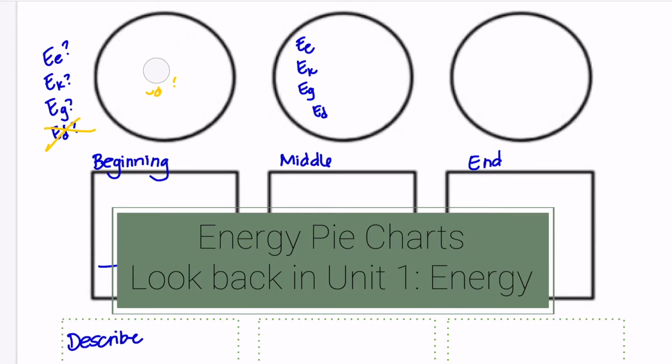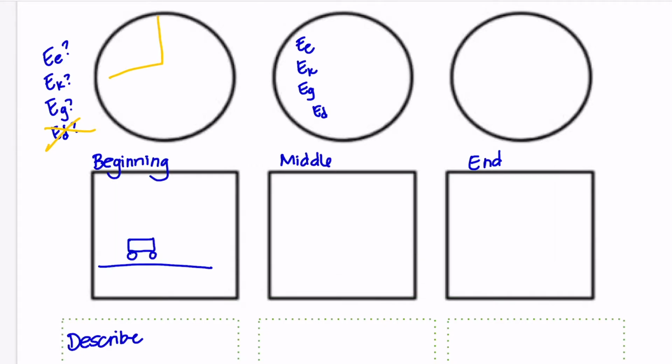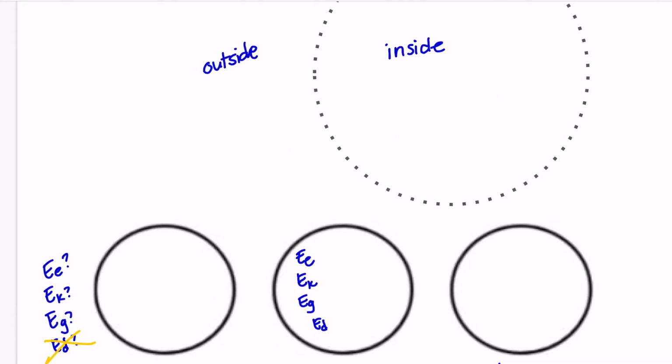Or maybe it's not going to be 100%, and maybe it's 25% ED and then everything else is EG. Okay, so this is a reminder of how to fill out your energy pie charts. And you want to ask exactly what the car is doing for each of the sections, right?